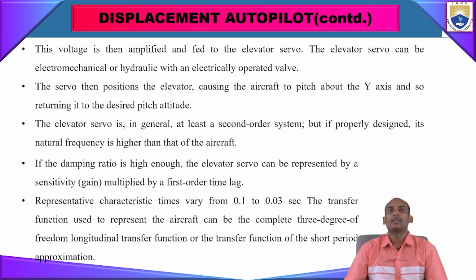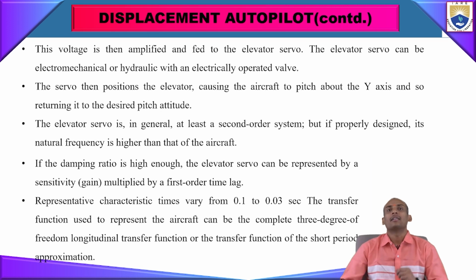So the servo then positions the elevator, causing the aircraft to pitch about the y-axis, returning it to the desired pitch attitude. The elevator servo is in general at least a second order system, but if properly designed, its natural frequency is higher than that of the aircraft. If the damping ratio is high enough, then the elevator servo can be represented by a sensitivity multiplied by a first order time lag.